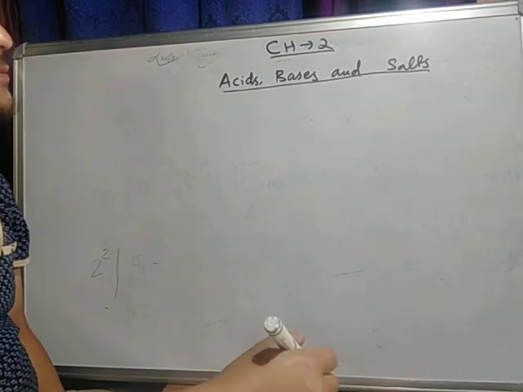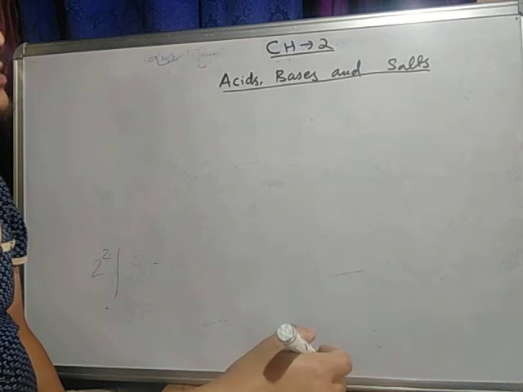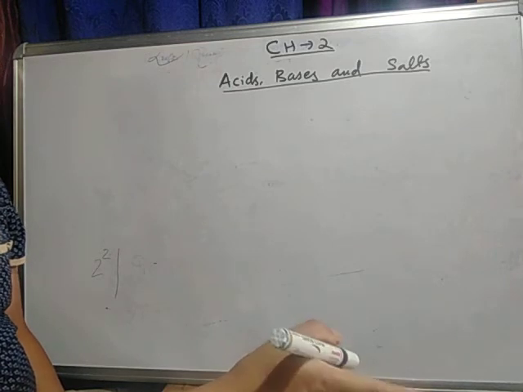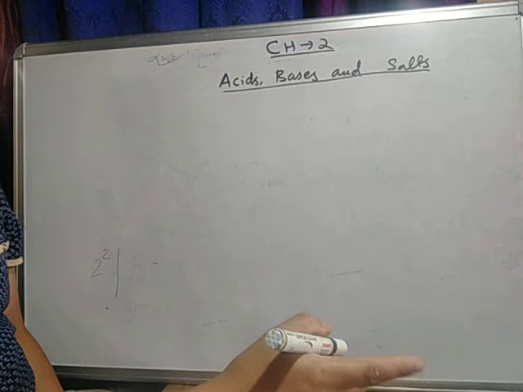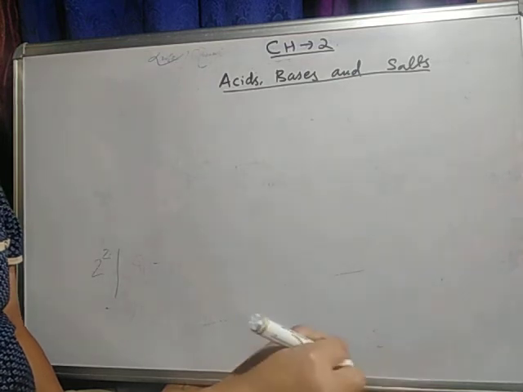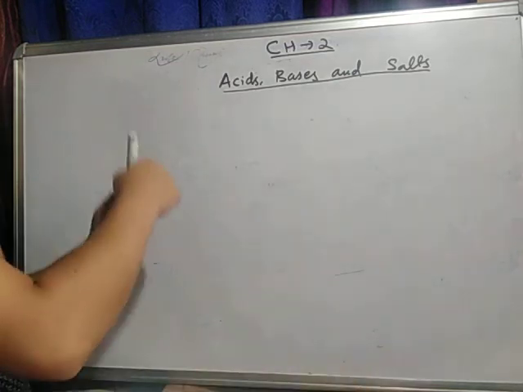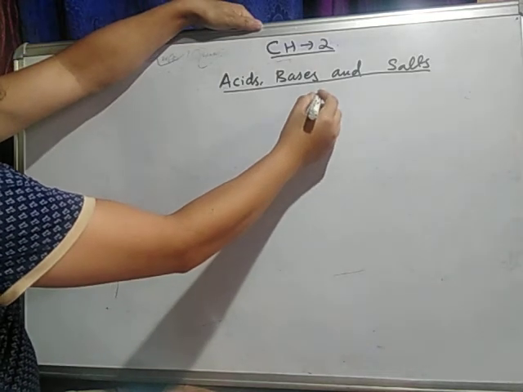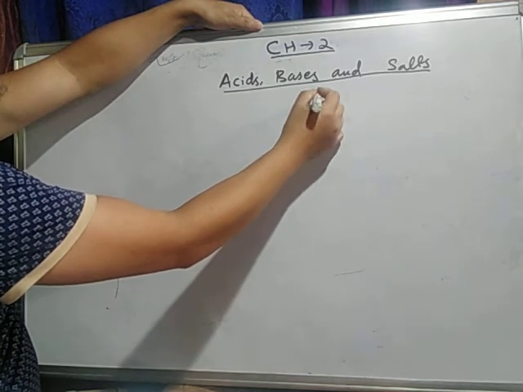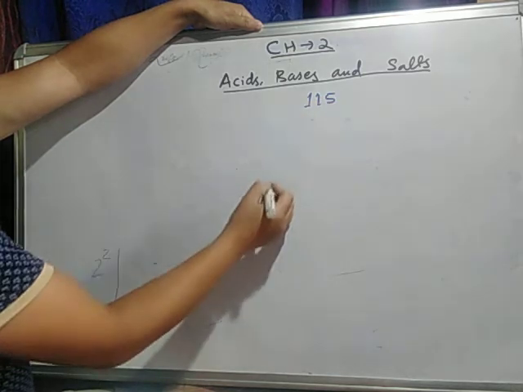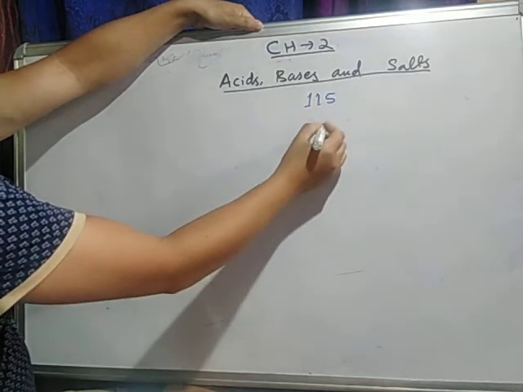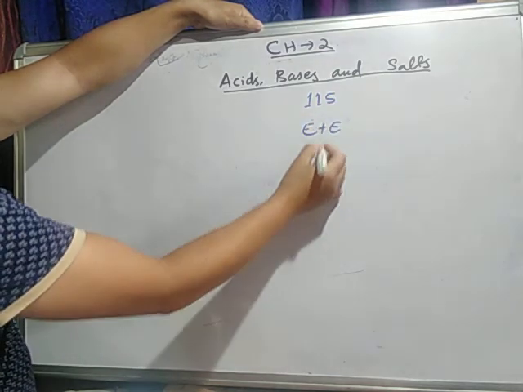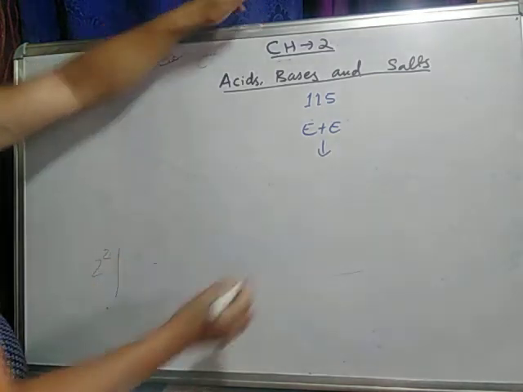Let me glance at whatever you have studied till now. From class 9 you know the periodic table, isn't it? So how many elements are there? 115 elements are there, and if these elements combine, they form what?